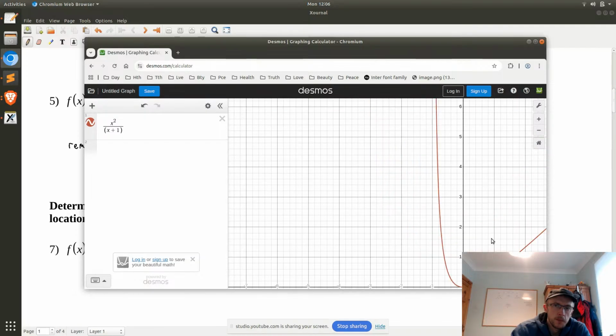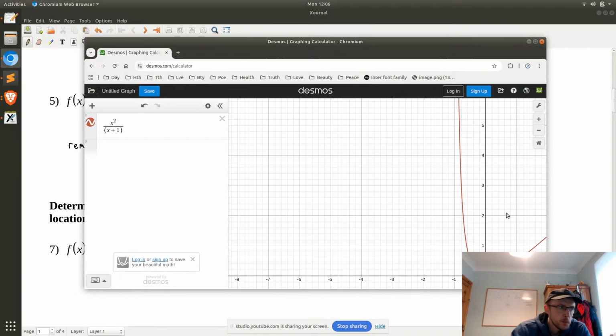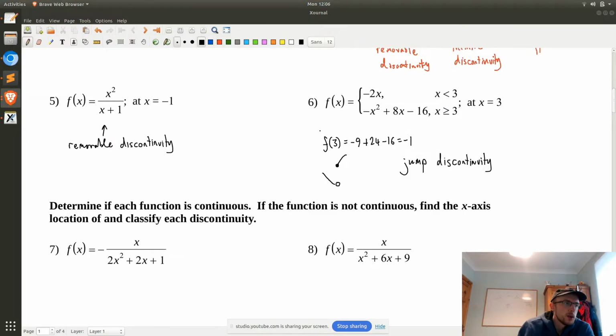Of course it won't be. Right. That is an infinite discontinuity. Okay, so this teaches me that I need to investigate the behavior of functions more properly near the points in question.